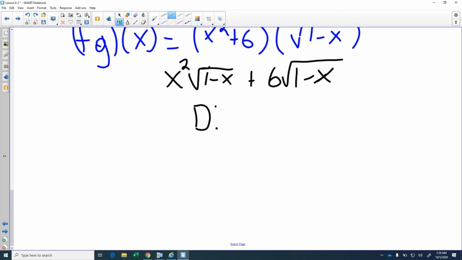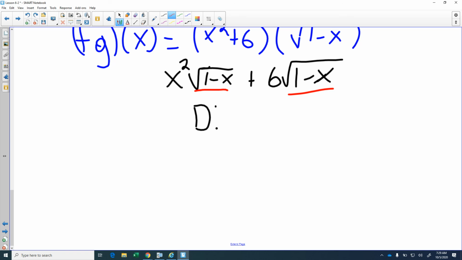Well, this is the first problem where we might have a restriction. We have a 1 minus x in that square root parenthesis. So I'm trying to think, what would x have to be to make that negative? Well, if x was 1, my answer would become 0, which is fine. I can have a 0 under the square root, but I just can't have a negative.